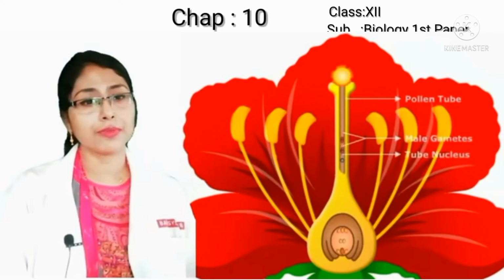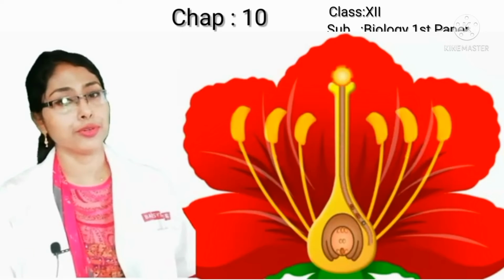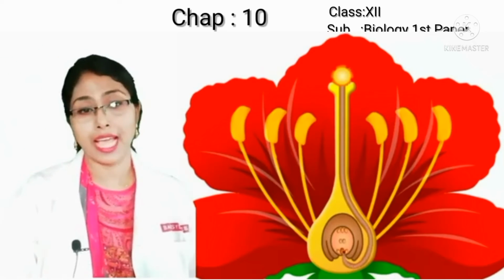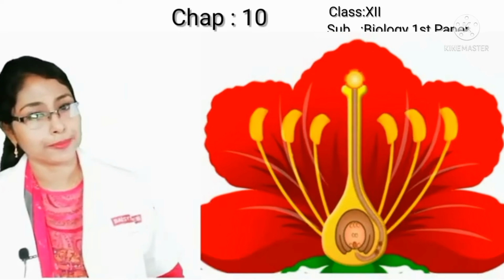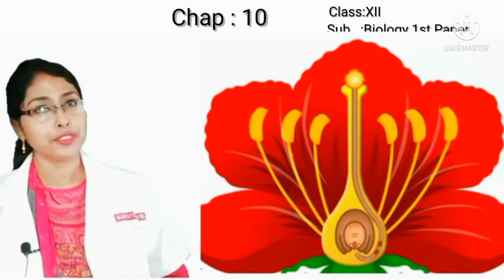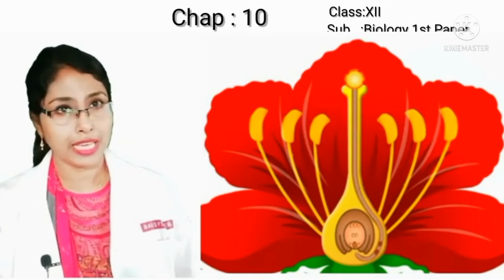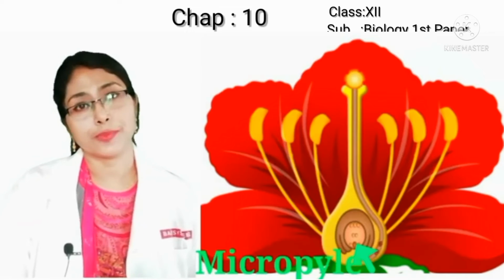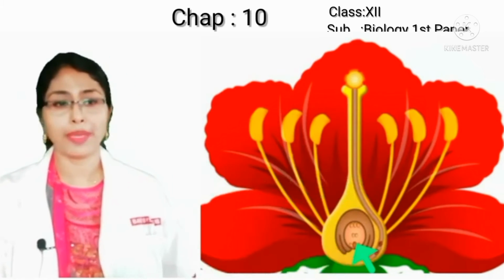The pollen tube gradually grows down through the style and enters into the embryo sac of the ovule through the micropyle. If the pollen tube enters into the embryo sac through the micropyle, then this process is called porogamy.